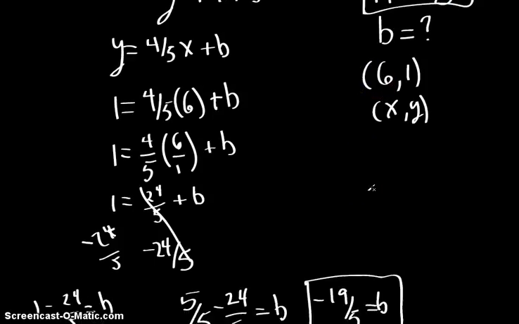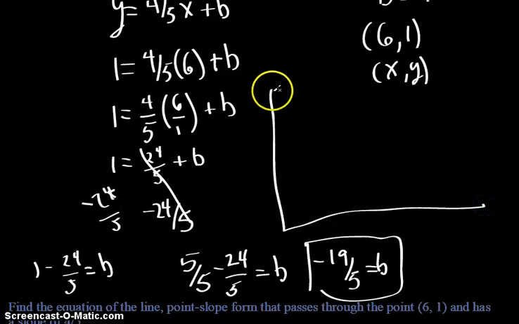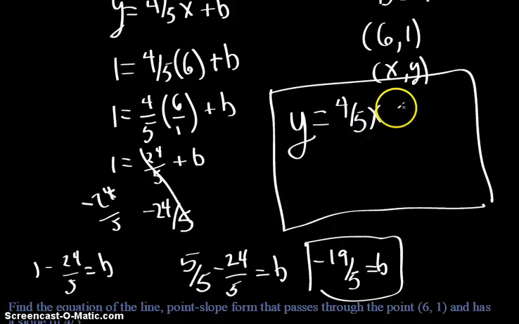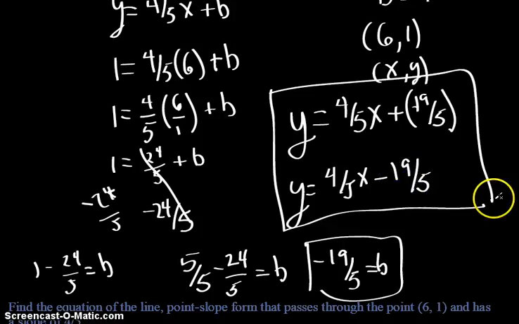So I have my m and my b. My final answer is y equals 4/5 x plus negative 19/5, or y equals 4/5 x minus 19/5.